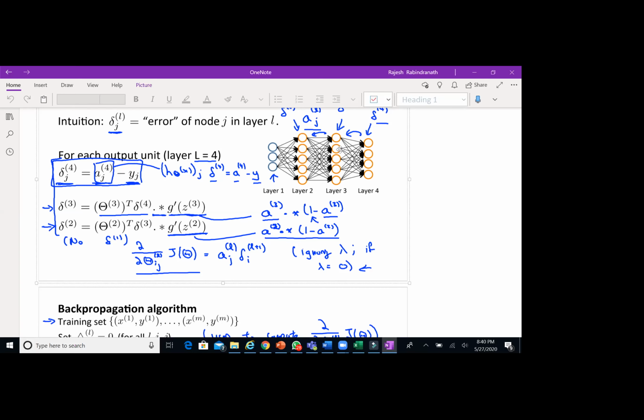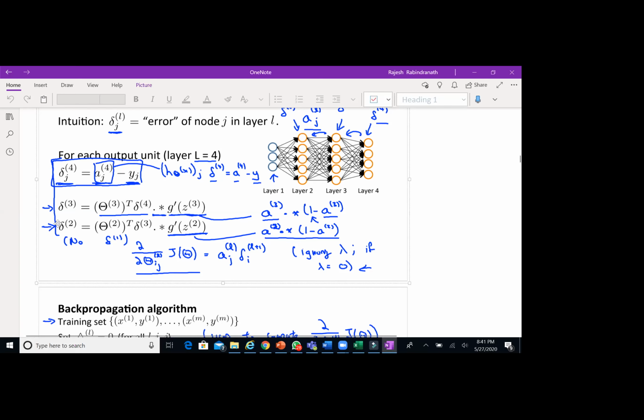So basically, to calculate the error in layer 3, you have to calculate an actual value from the actual value of layer 4, and then you have to minus that with the derived value. So that's what is being done. So A3 element wise multiplication 1 minus A3. That is how the error in layer 3 is calculated.